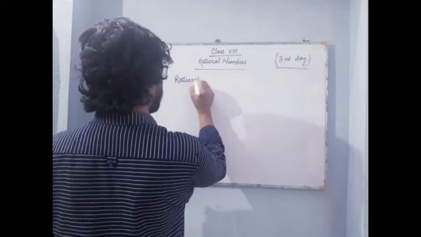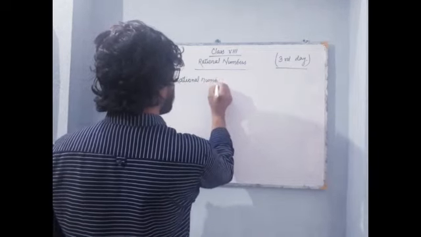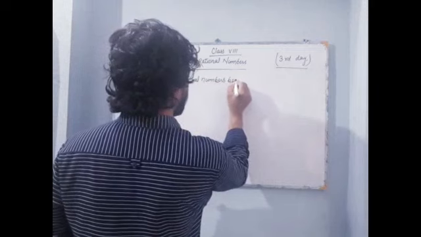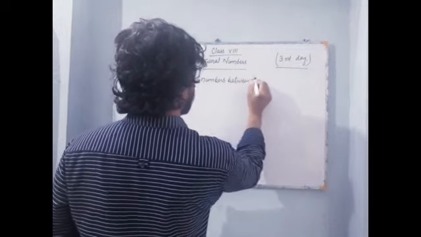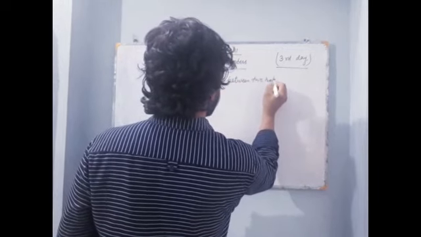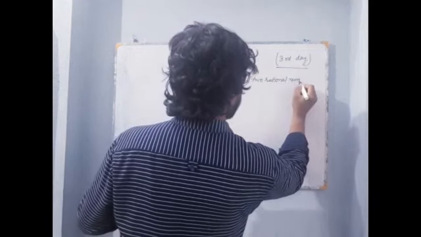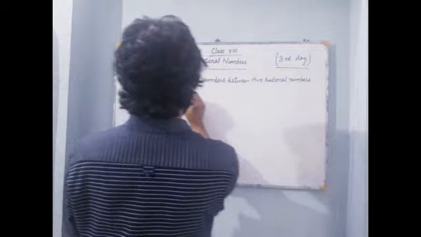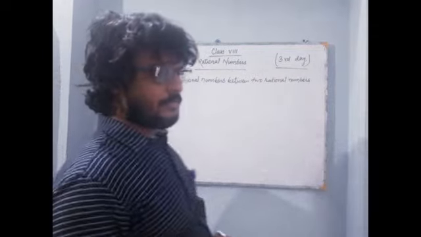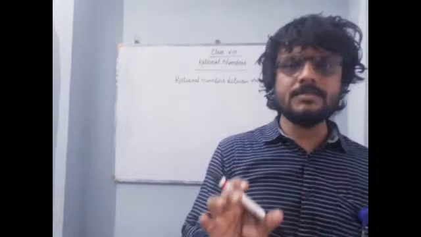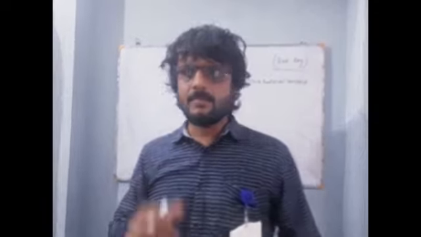Rational numbers between two rational numbers. Means you have to put n rational numbers between two given rational numbers.